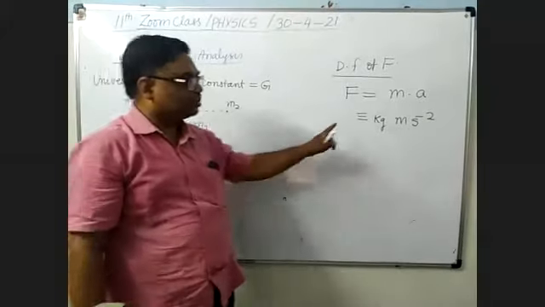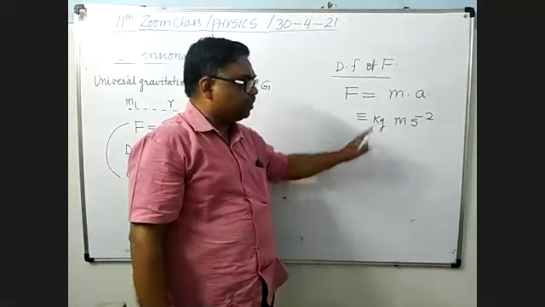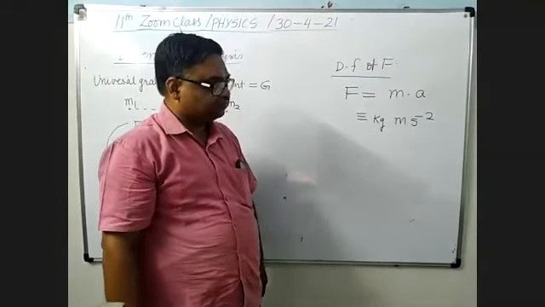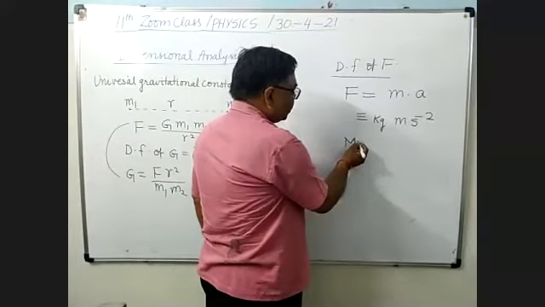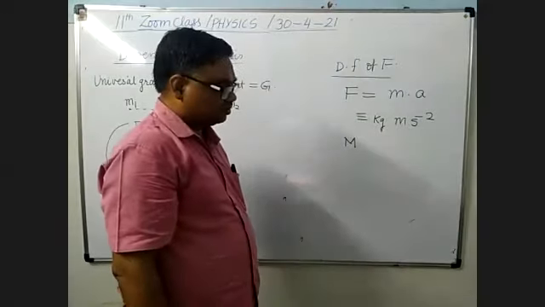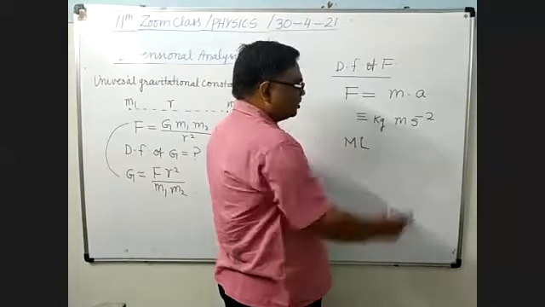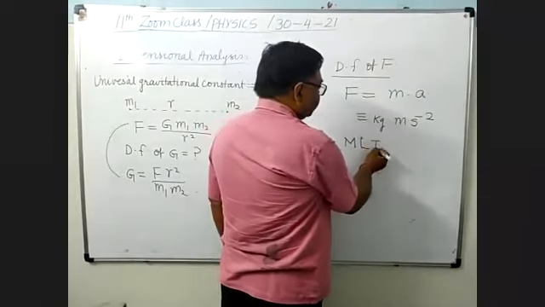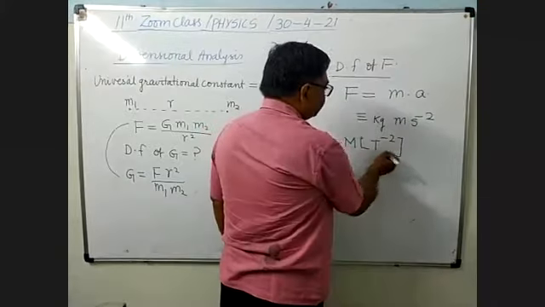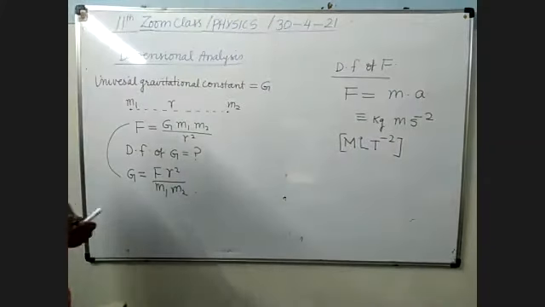Now you translate in terms of symbols. Kilogram means by which symbol? M. Meter means by which symbol? L. Second means by which symbol? Capital T. MLT minus 2. This will be the dimensional formula of force.